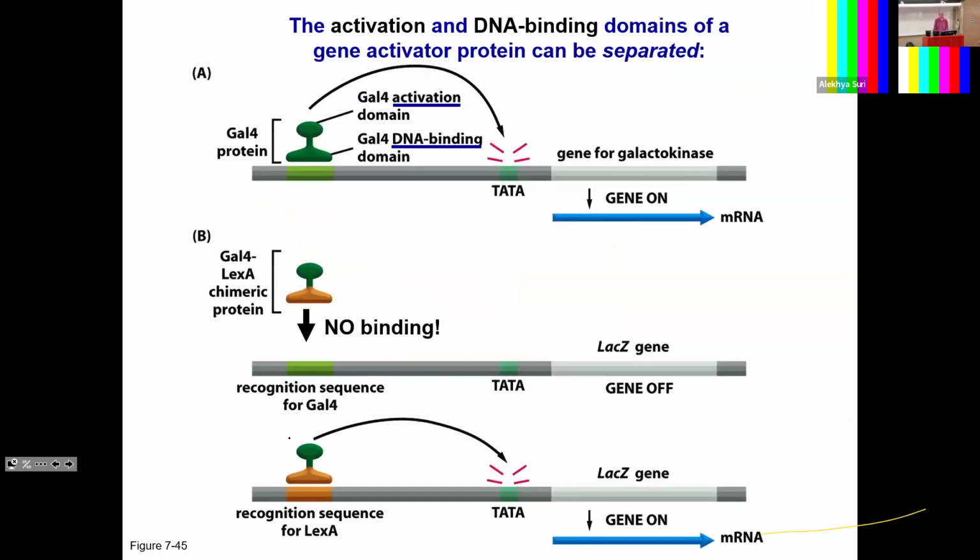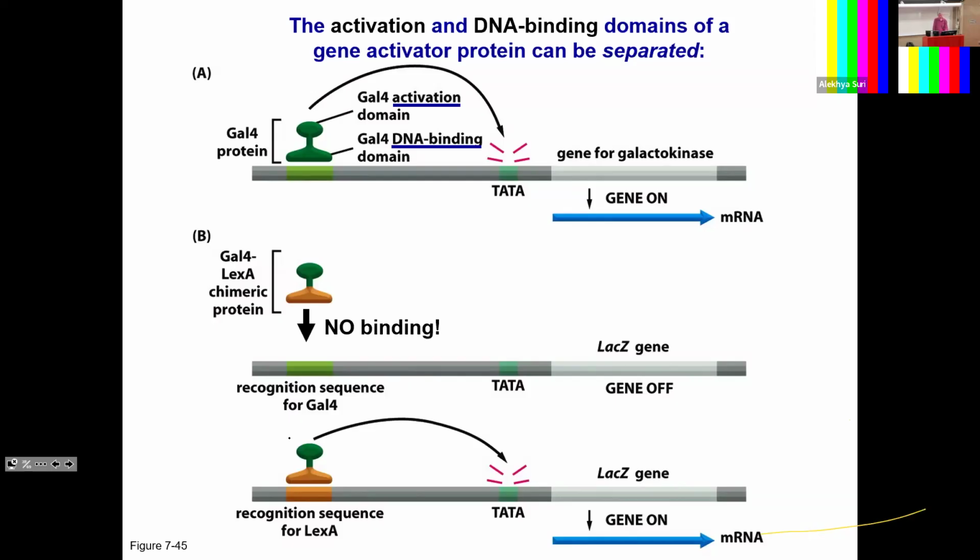Another feature is that transcription factors have, in fact, two domains. One is the activation domain, one is the binding domain. So, for example, you can see here the GAL4 DNA binding domain, that's what interacts with the DNA. The activation domain interacts with the general transcription factors binding to the TATA box. This is a DNA sequence that binds the general transcription factor.